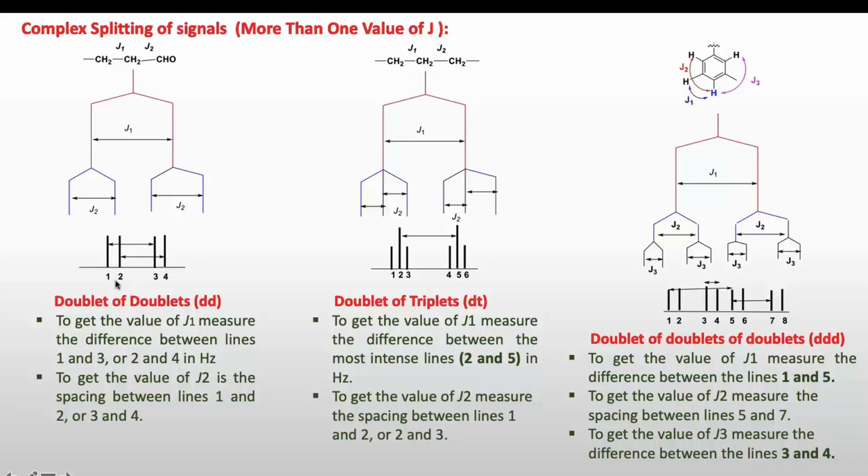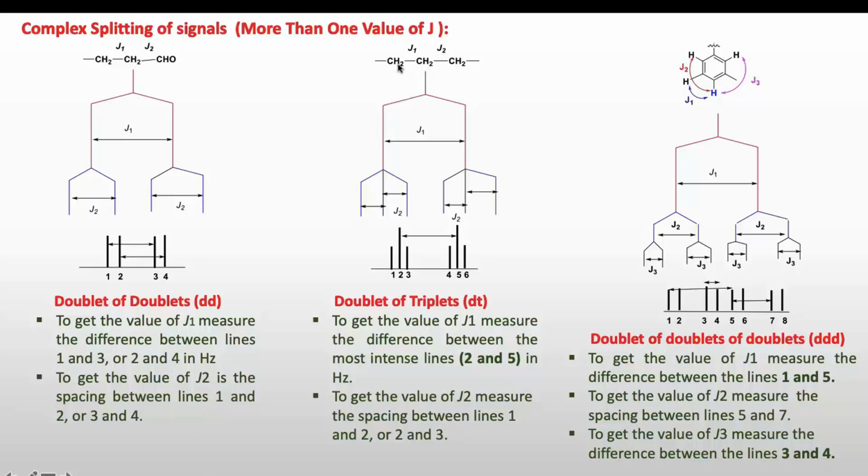Every time we have to take the distance between 1 and 3 or 2 and 4 to find the J1 value. To get the J2 value, we have to take the spacing between 1 and 2 or 3 and 4 and multiply it by the operating frequency. That will give us the value of the J2 coupling constant.